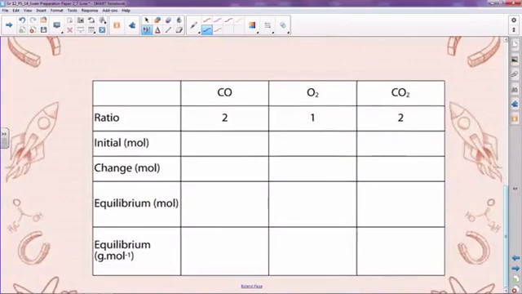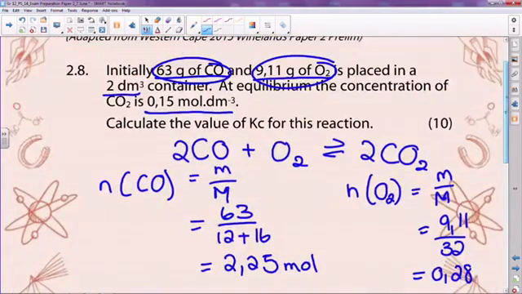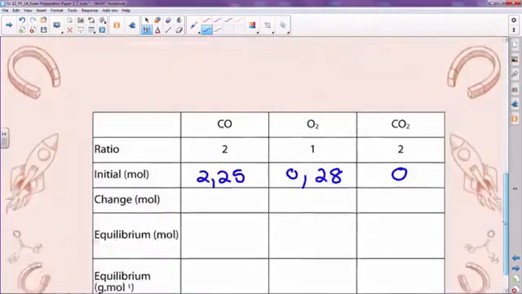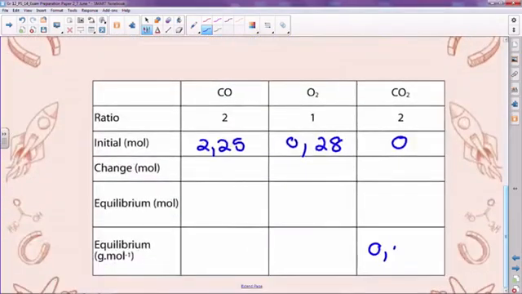So now we've just calculated that we had 2,25 of the CO, 0,28 of the O2, and we always start with 0 CO2. They told us in the question that at equilibrium, we had 0,15 moles per decimeter cubed of the CO2.